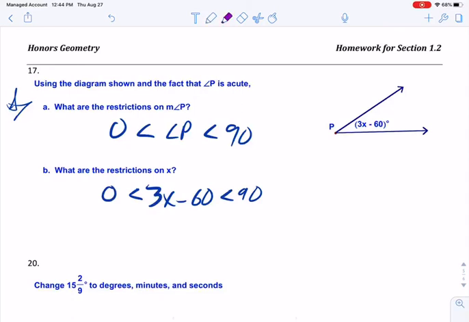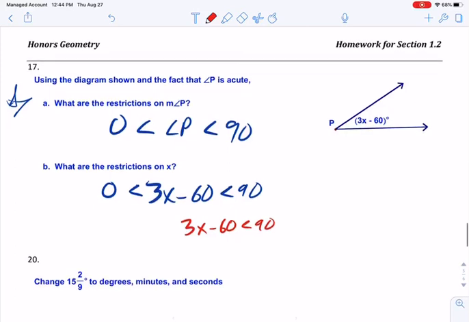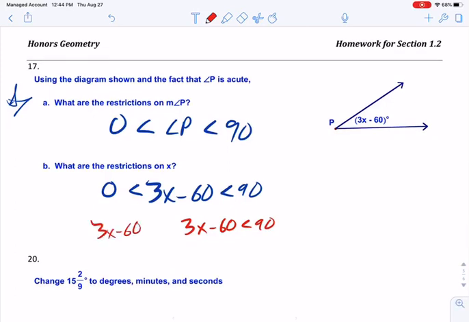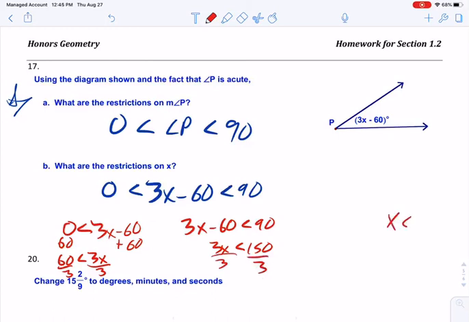And then you might remember solving these, so you just kind of split it up into 3x minus 60 is less than 90, and then 3x minus 60 is greater than 0, and then you solve for x. And you divide by 3. Okay, less than 50 but greater than 20.